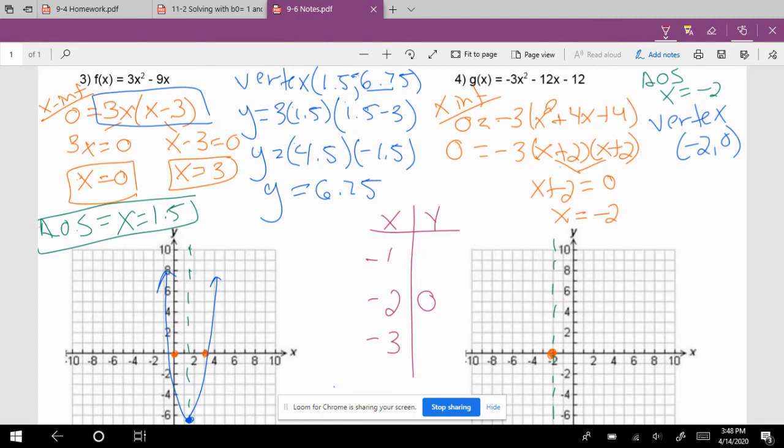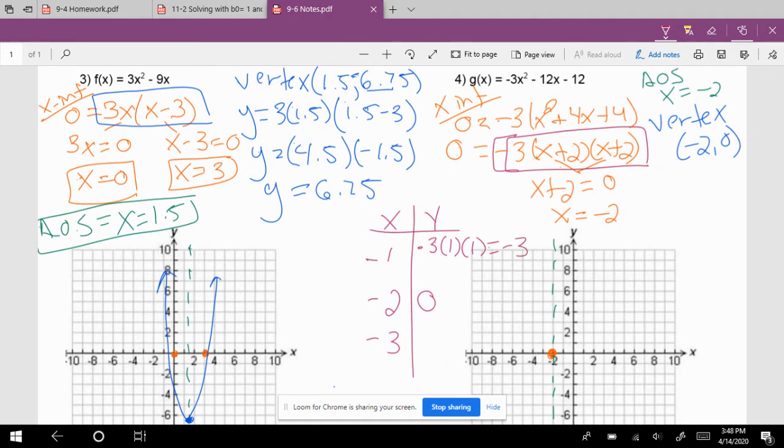And I'm going to plug those into the function. And again, I can use the factored form or I can use the standard form. For this example, to me, the factored form seems a little bit more manageable, except for I cut the negative off of there. So if I plug in -1, I have -3 times, well, -1 plus 2 is 1 times 1. So that gets me -3.